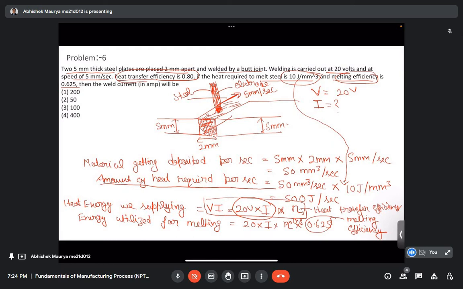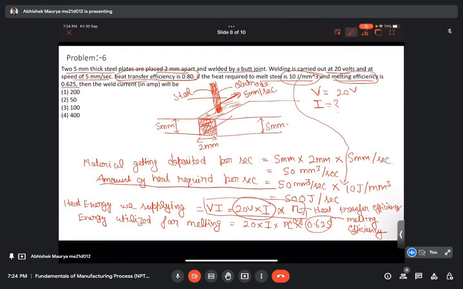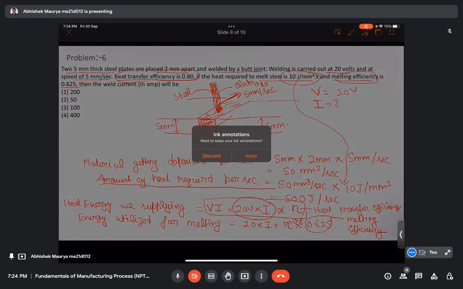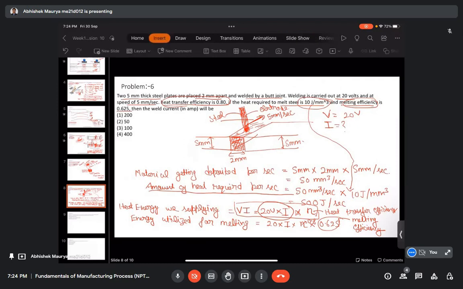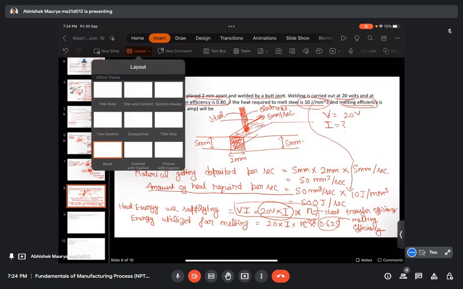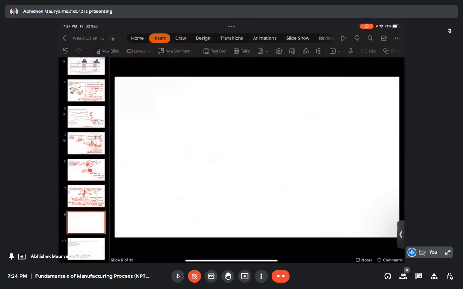So we will equate these two values. Let's add a new slide here.